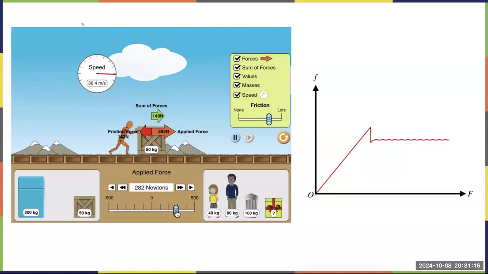So meaning, let me say this calculation because I cannot read that number clearly. 282 minus, yeah. So this is 133, right? So this, oh, okay, the mouse. Okay, I cannot see.